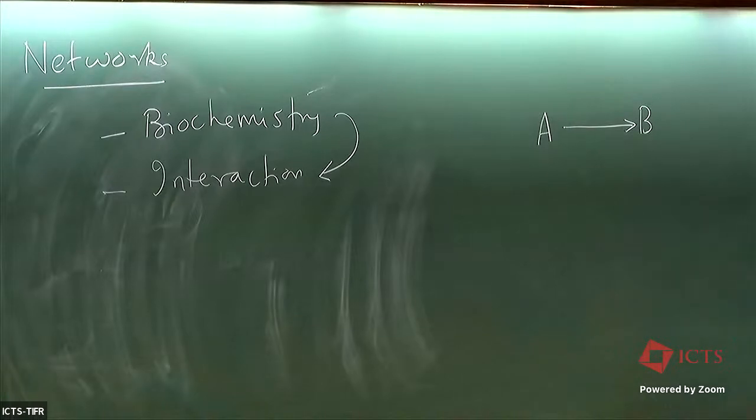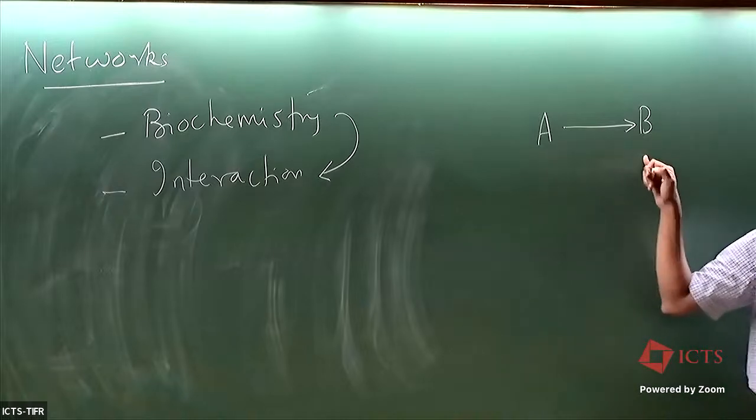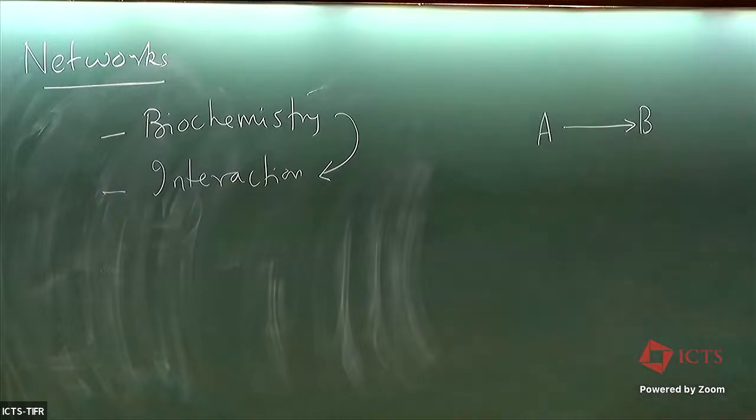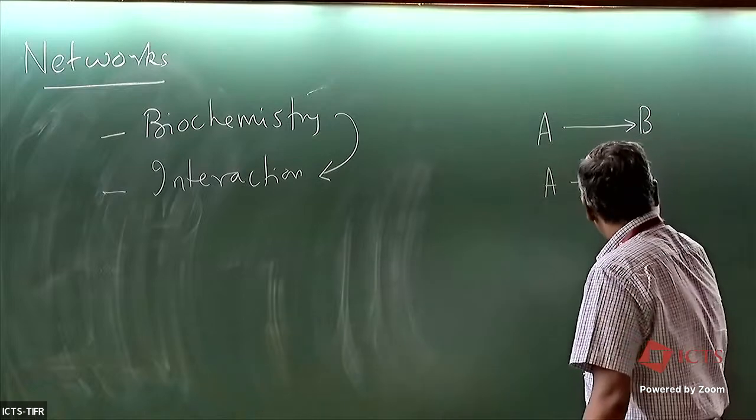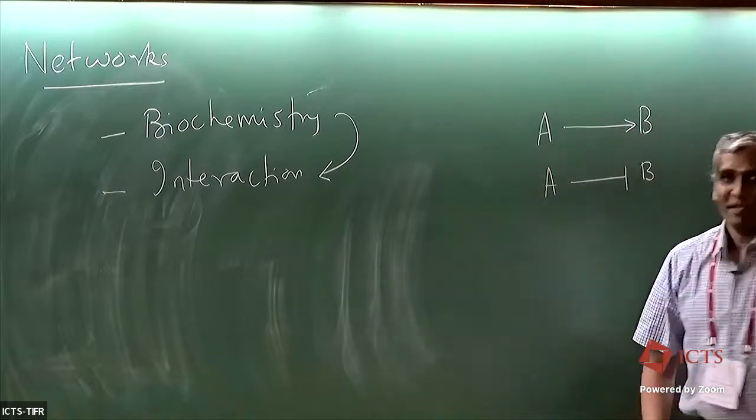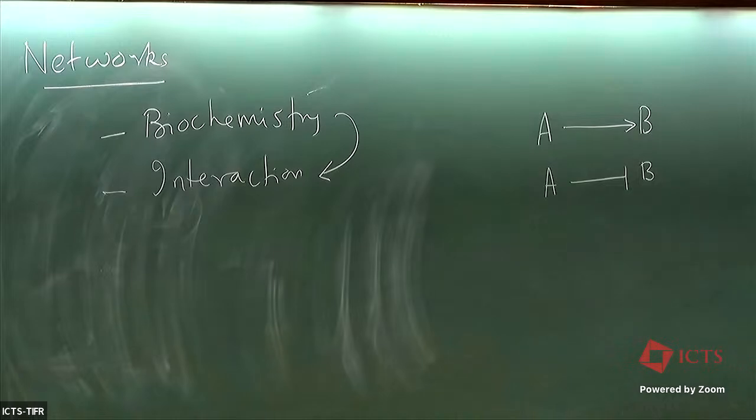And note that there is a direction associated, and there is also a sign associated with that. Or it could simply be an inhibition, where there is a negative influence of A on B, which we generally represent using this symbol called a hammerhead.